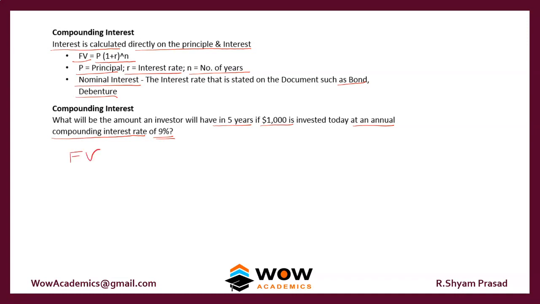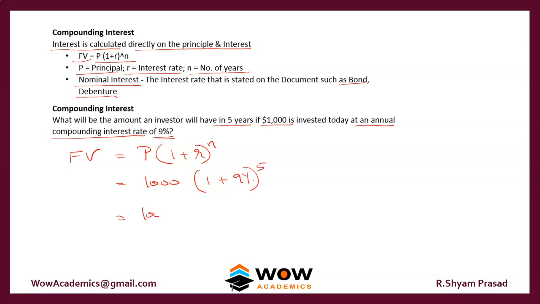It works as future value equals P into (1 plus R) to the power of n. Here P refers to 1000 into 1. Within the formula the 1 represents the principal, plus the R here, which is 9%, to the power of n, which is 5.